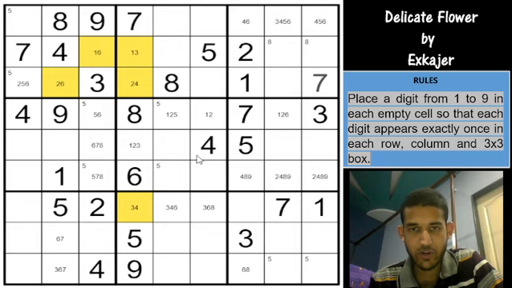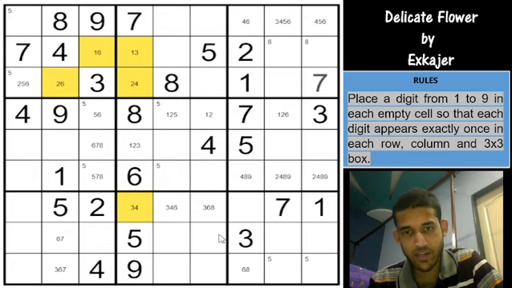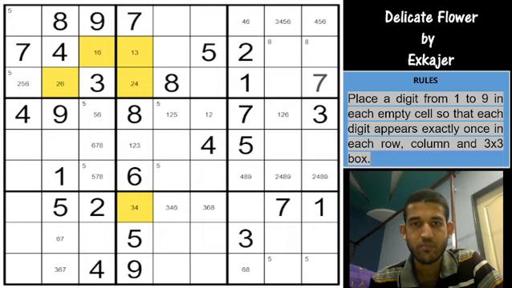That is a really good question, and the answer is, if you look at all of these cells, they have one thing in common, and which is all these cells have bi-value candidates, and that should really interest you as a solver, right?